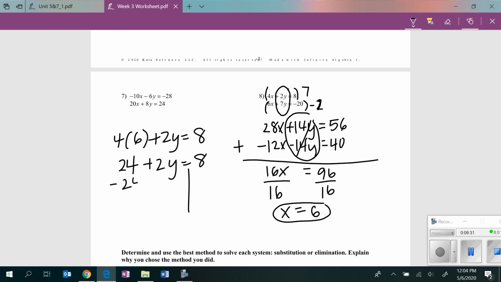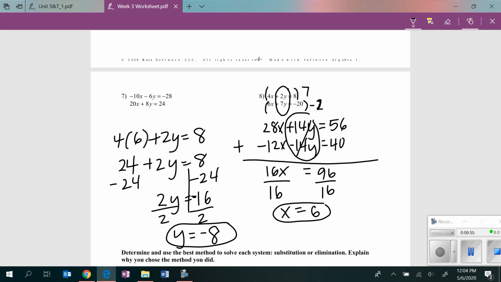Subtract out that 24. 2y equals 16. Oh, negative 16, by the way, because the 24 is a larger negative. And divide by 2. And y equals negative 8 as your final answer. And that's how you do elimination.